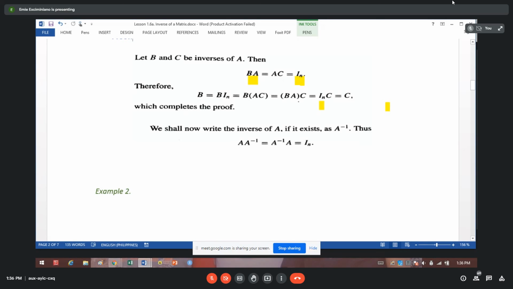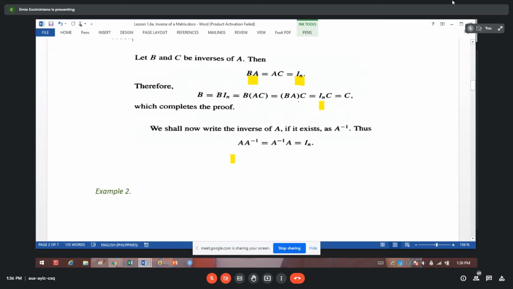So, we cannot claim that B and C are not equal. It's just an inverse of A. Iisa lang yung characteristics ng B and C. So we shall now write, isa lang talaga ang inverse ng given matrix.